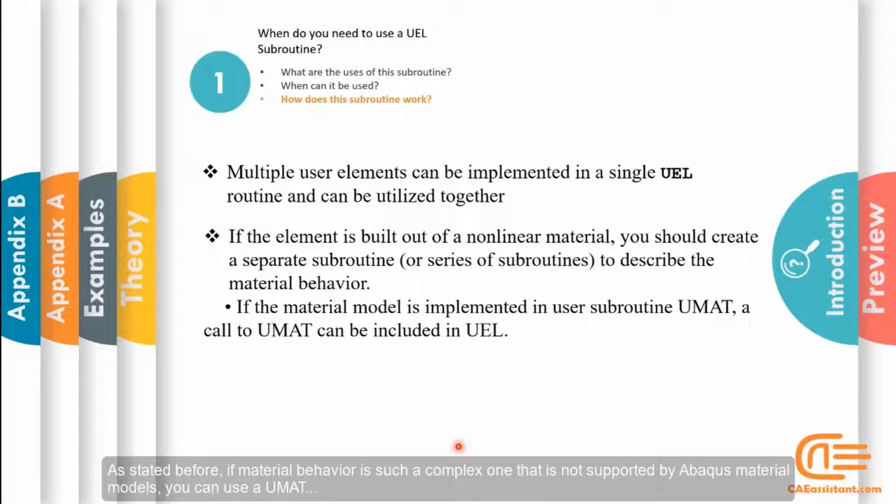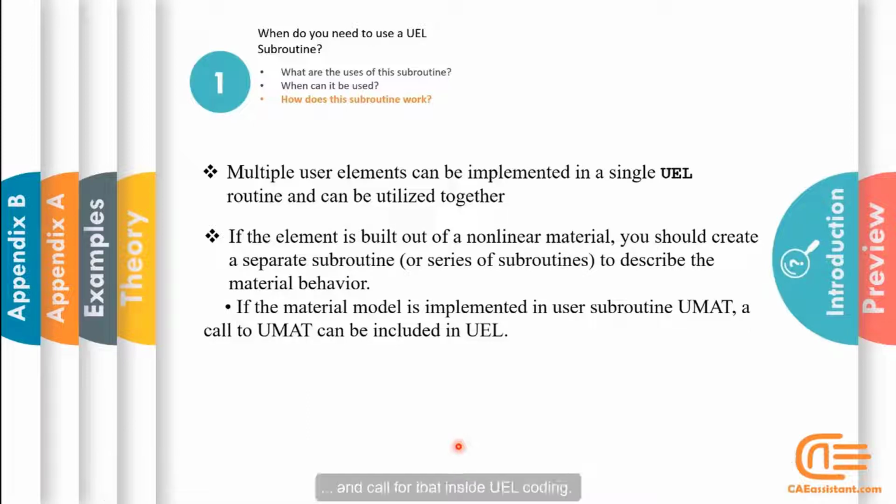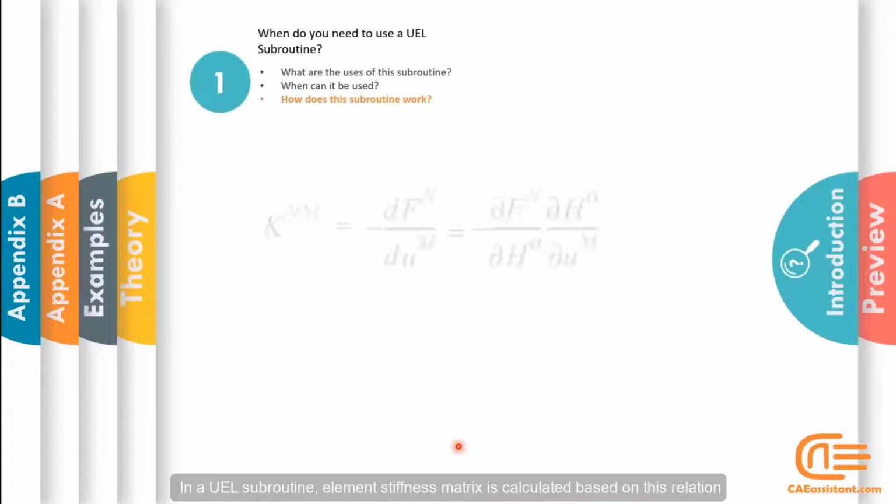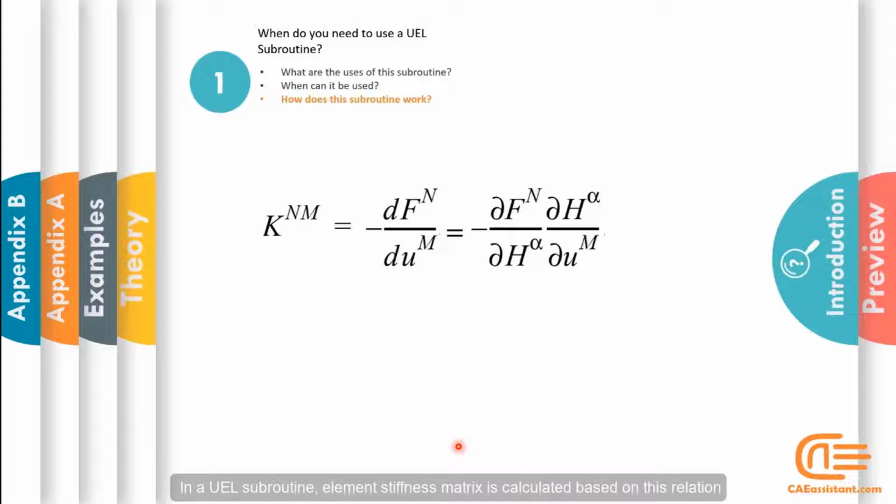As stated before, if material behavior is such a complex one that is not supported by Abaqus material models, you can use a UMAT and call for that inside the UEL coding. In a UEL subroutine, the element stiffness matrix is calculated based on this relation.